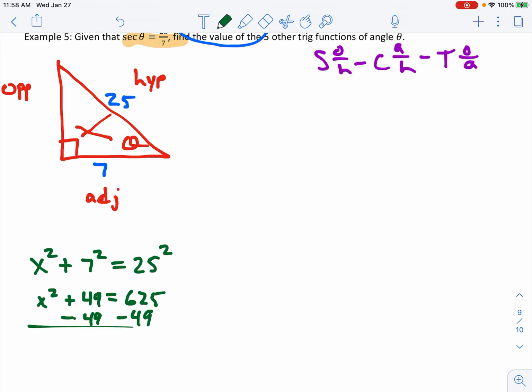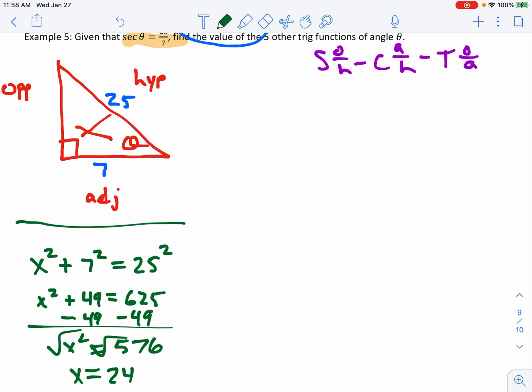Subtract 49 over, and I'm left with x squared equals 576. Square root it, and I get x to equal 24. All right, so my x is 24 for my missing side.